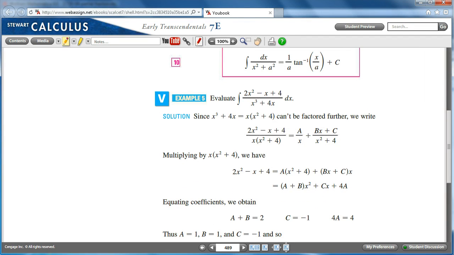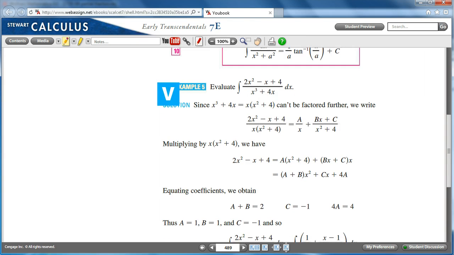Well, this problem, example 4, is talking about a quadratic irreducible factor. X squared plus 4, that's quadratic irreducible. So we have to have bx plus c in the numerator. And then, again, the hard part is to get the common denominator and then manipulate the numerator and then compare the coefficients to get a system of linear equations.